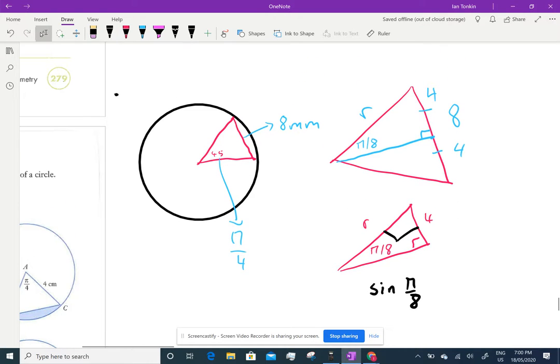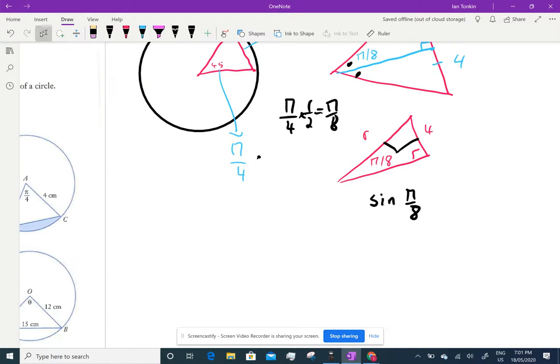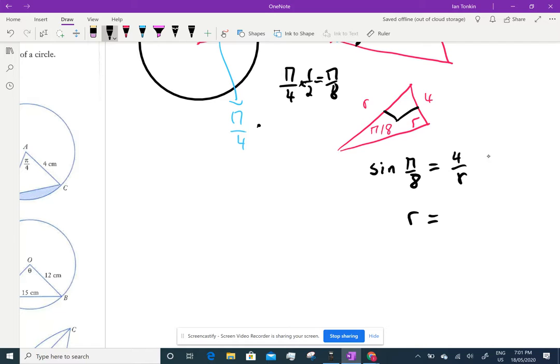And by the way, that's pi on 8 because it's a half of pi on 4. Pi on 4 times a half is pi on 8. Just so you know where I got the pi on 8 from. So sine pi on 8 equals opposite 4 over r. So r equals 4 on sine pi on 8.